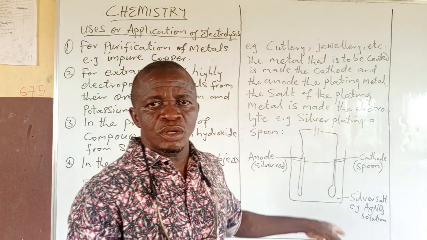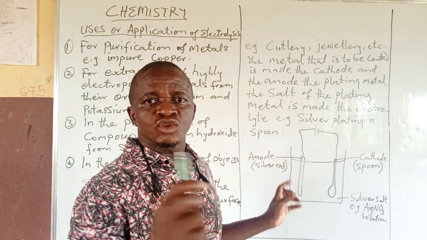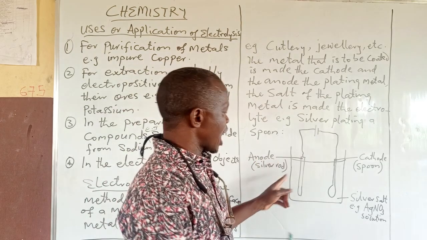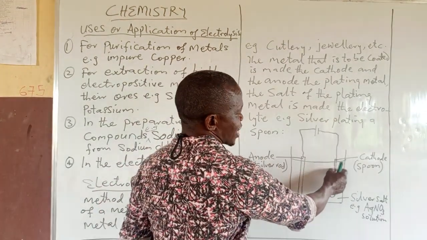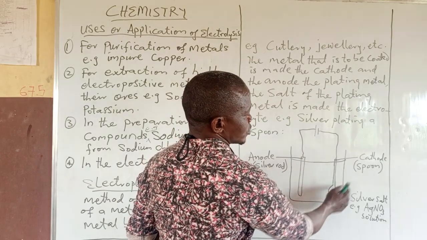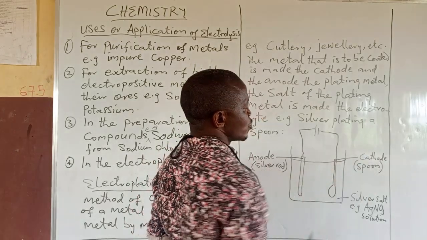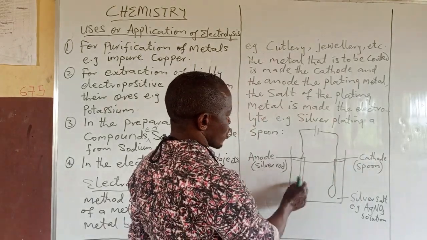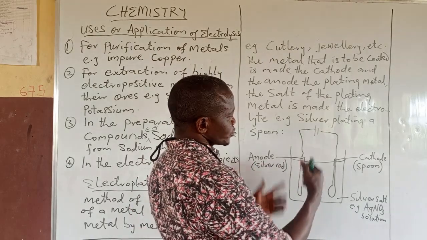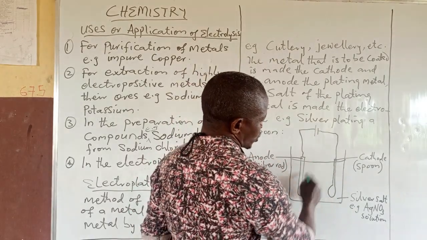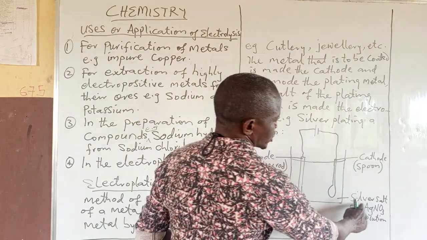And then the electrolyte will be the salt of silver, because I want to use it to cover the spoon. This is my spoon, and I am making it what? Cathode. This is the silver rod, and I'm making it what? Anode.